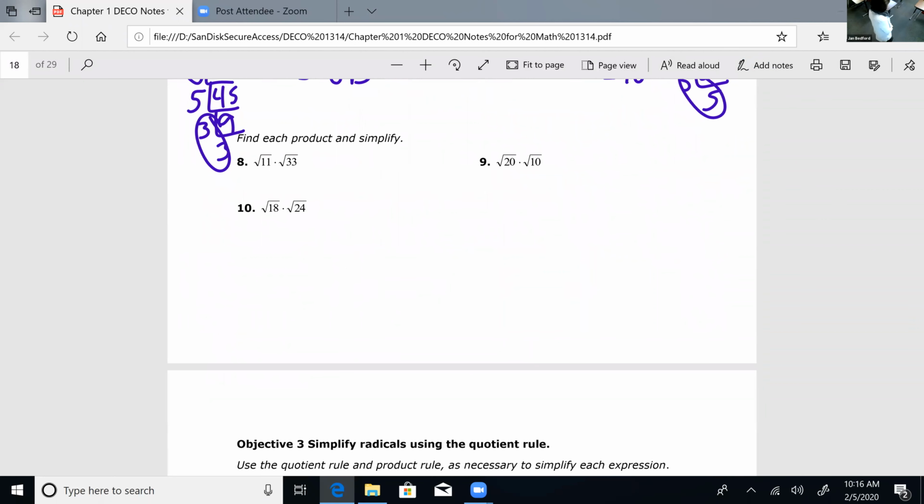Okay, this is very similar to what we did up above, except these numbers are a little bit bigger. So ideas on the square root of 11 times the square root of 33. What would you maybe want to try here? You think what? Go ahead and say it.